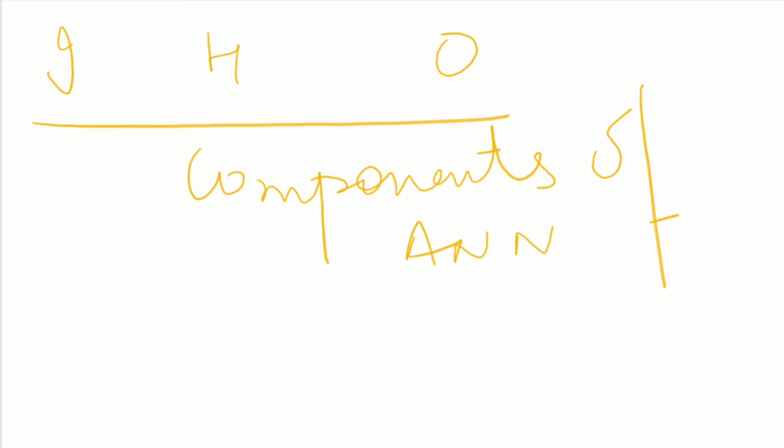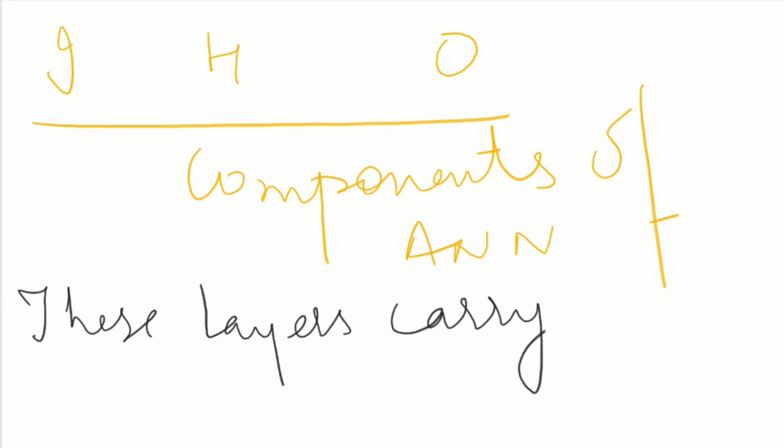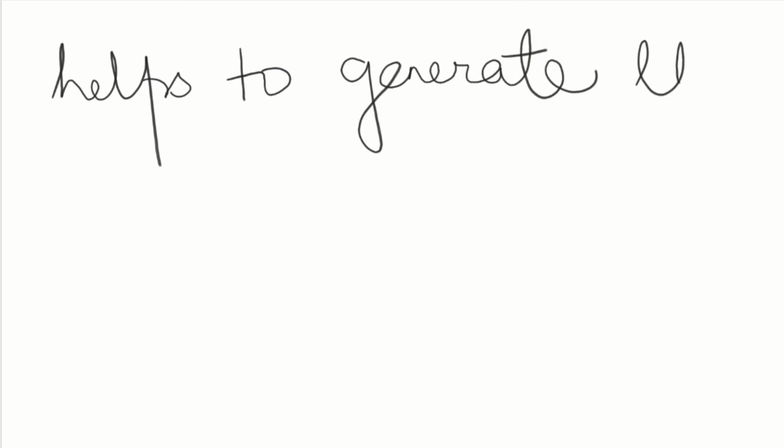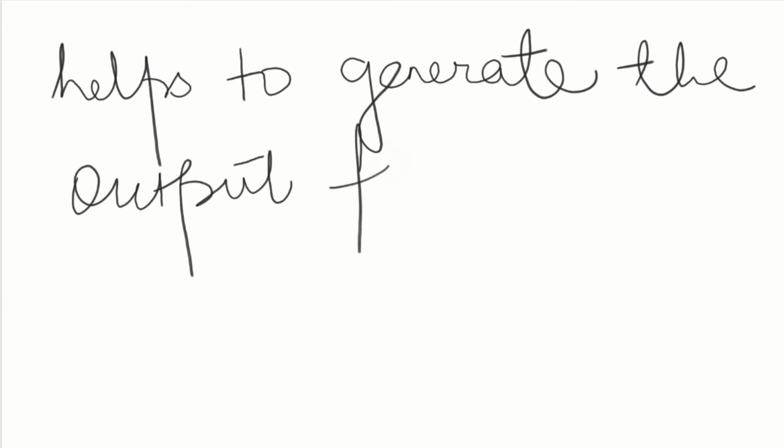Okay, now these layers have a function. There is a function which exists in these layers that helps to generate the output from the previous neuron.